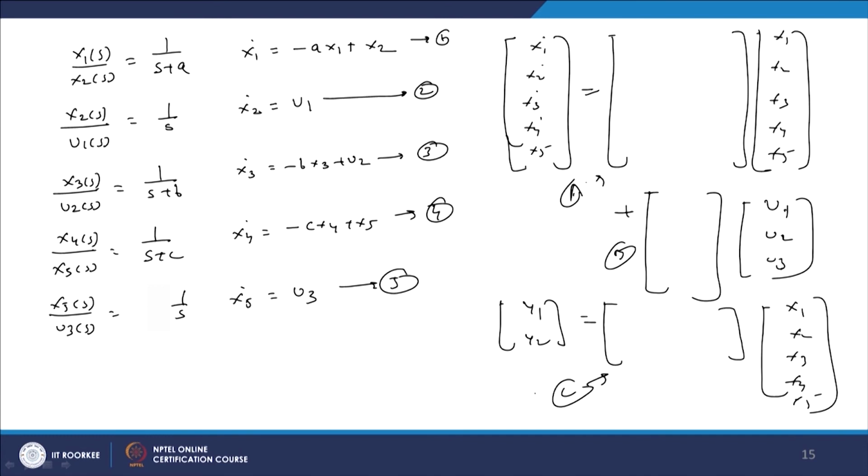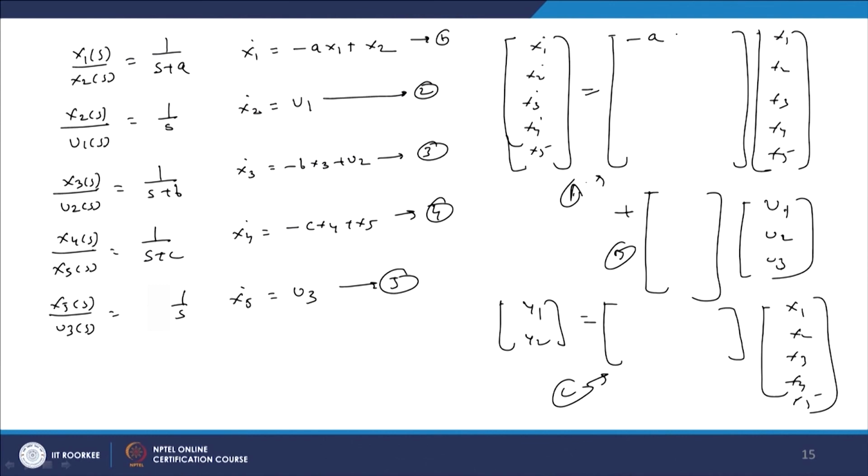Now, we have to write down the elements in A, B and C. Just see here x1 dot equals minus a1 x1 plus x2. So, here we get the elements of only x1 and x2. So, we write minus a1, and there are 5 variables, so 5 elements, that is 3 additional elements 0 0 0. Then corresponding to x2 dot equal to u1, there are no terms corresponding to x2 dot.